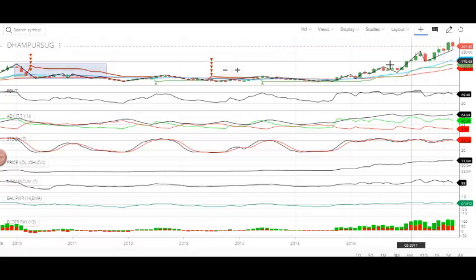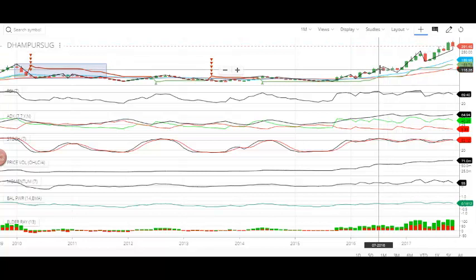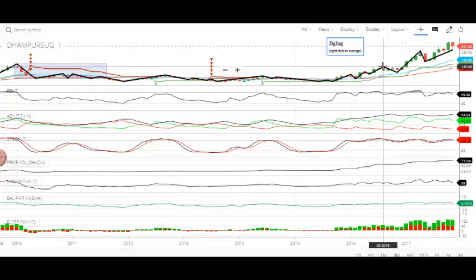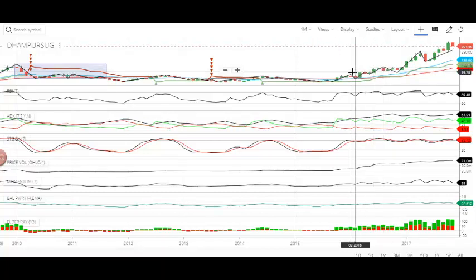The fundamentals of the stock are strong, and when it comes to market demand, sugar, power and chemicals, all three have huge demand in the market. So from that side it is okay, and technically we will see what is in store for the stock.